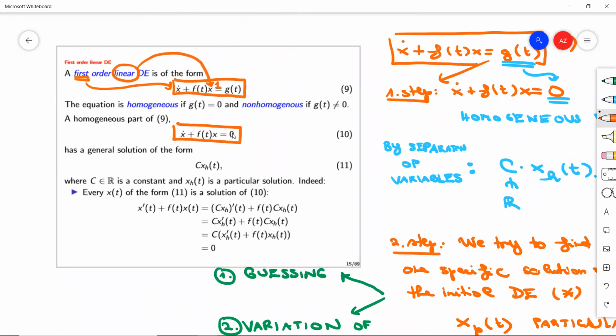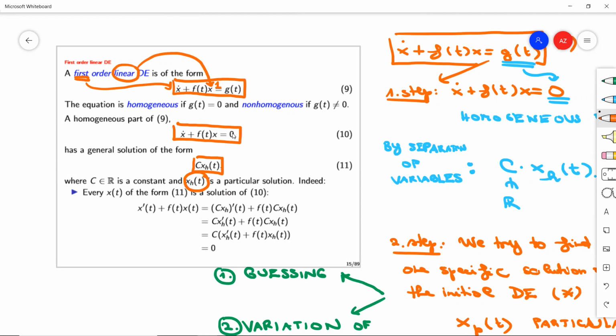And first, what we claim is that we find the particular solution, this x with index h of t. So let this be a particular solution of this homogeneous part. And then all the solutions will be C times this particular solution.